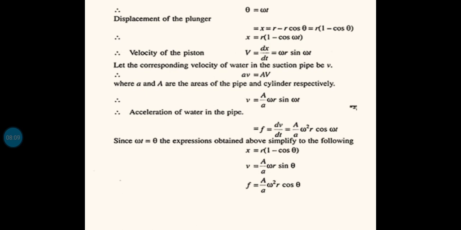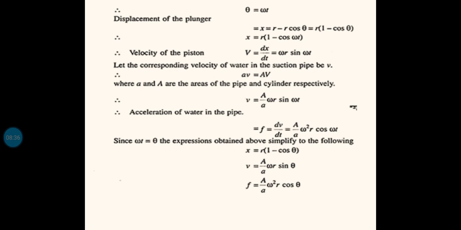Now we want to find the acceleration of the water in the pipe. Since I have already taken small a as the area of cross section of the pipe, I am taking a new term f as the acceleration symbol. So f is equal to dv by dt, the acceleration of the flow of water in the pipe. I differentiate the velocity of the flow through the pipe with respect to t.